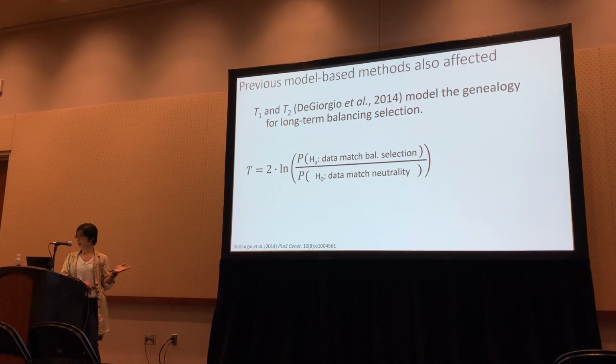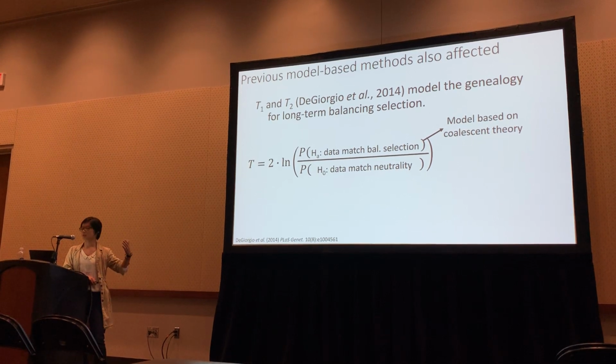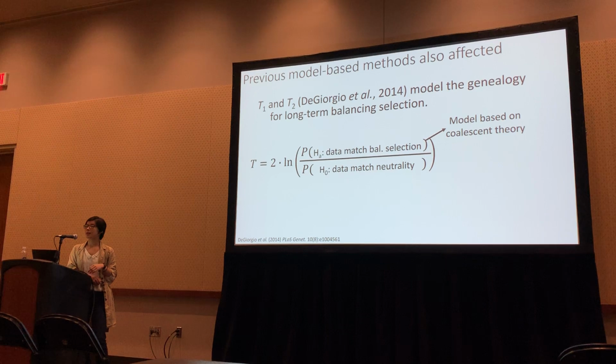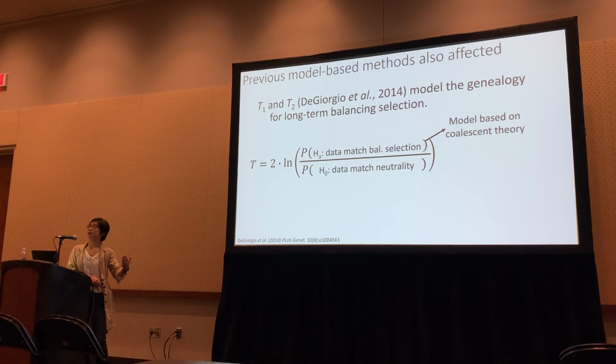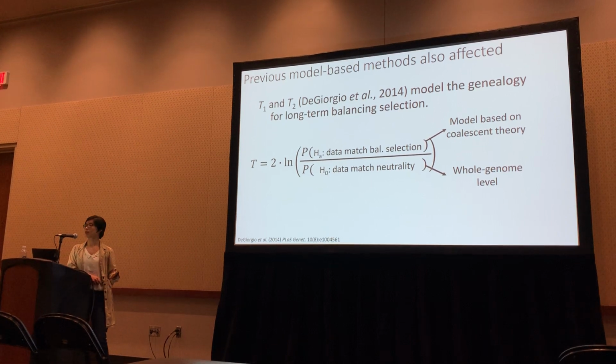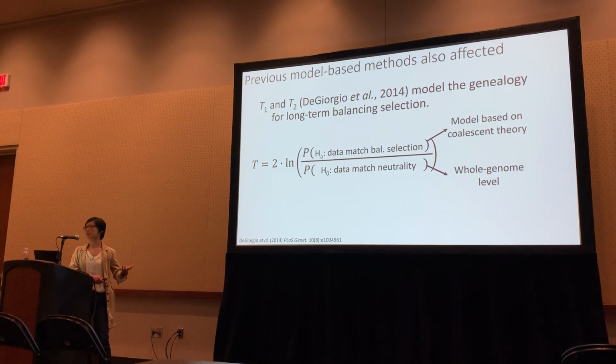But the model they adopt for balancing selection is the one based on coalescent theory for its genealogical model. And instead of also adopting a coalescent-based neutrality model, the authors chose to use the genetic variation level for the whole genome so that they can better capture factors like demography.